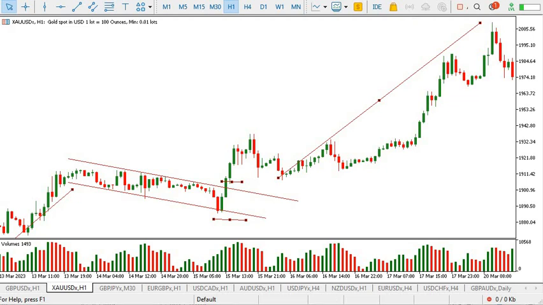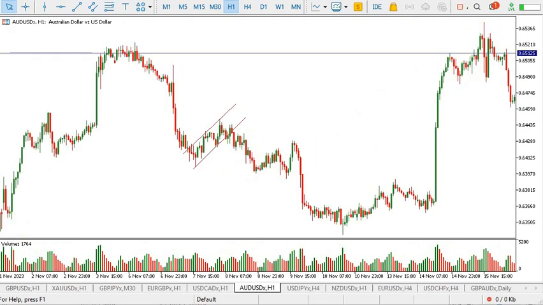Now let me show you the example of a bearish flag. This is the example of a bearish flag on the chart. As the trend is down, the market moved almost 90 pips, and once the flag formed and the market broke it to the downside, the market moved exactly 90 pips.